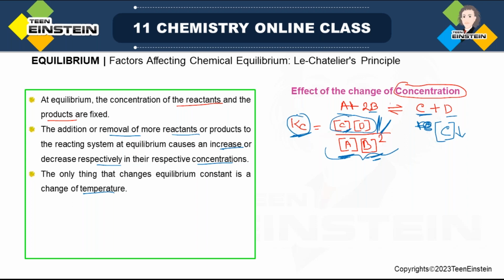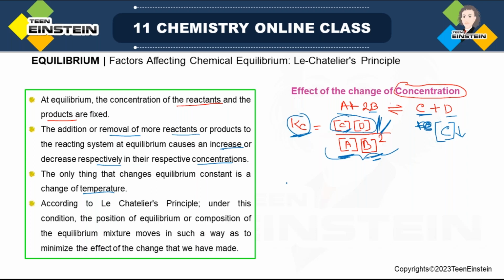But as long as you maintain the same temperature and bring changes in the concentration of any of these species, to keep the value of Kc the same, the system will try to nullify the effect by readjusting the equilibrium system.